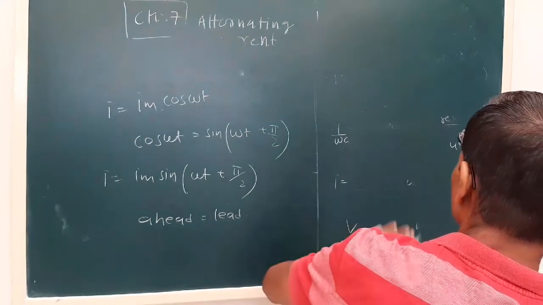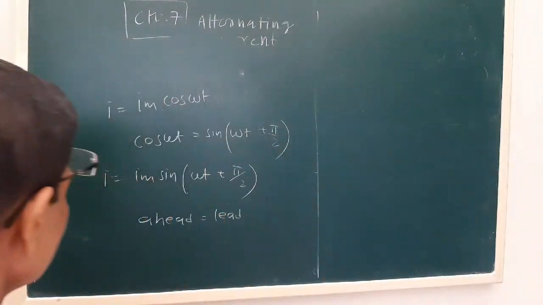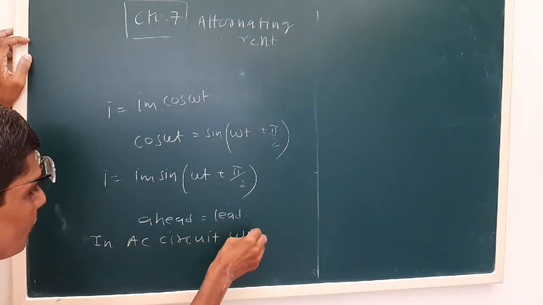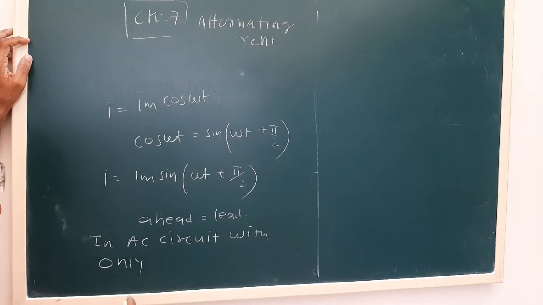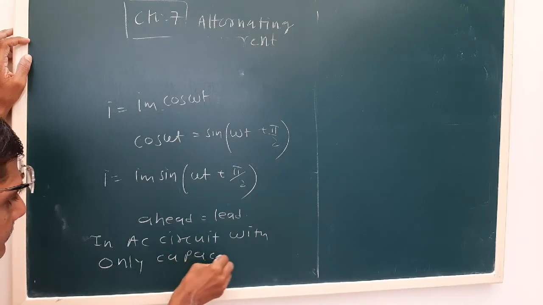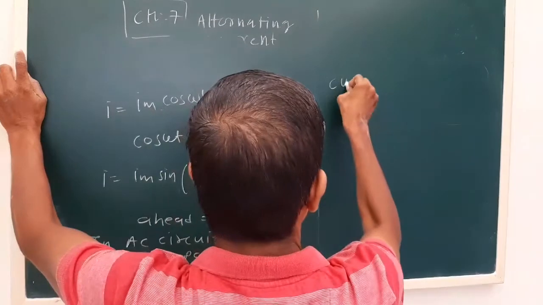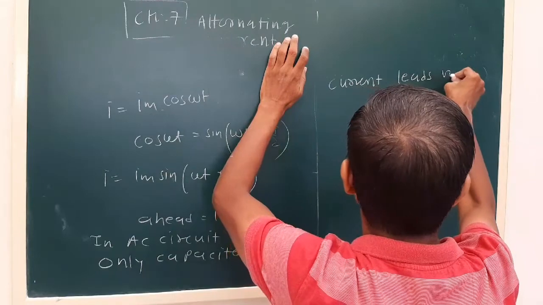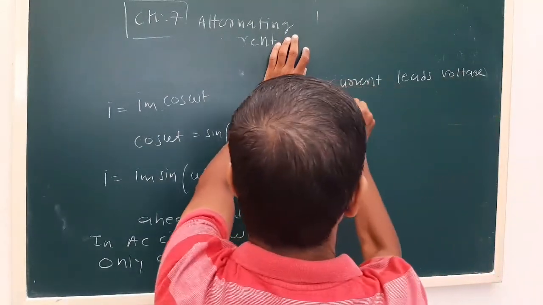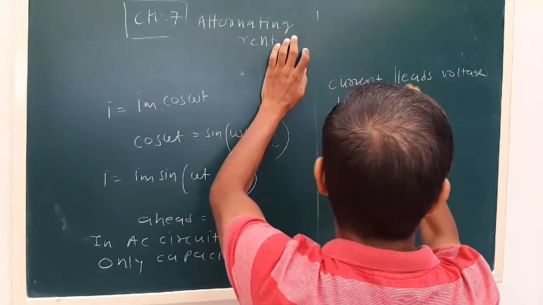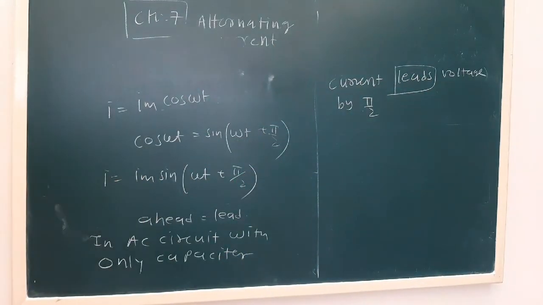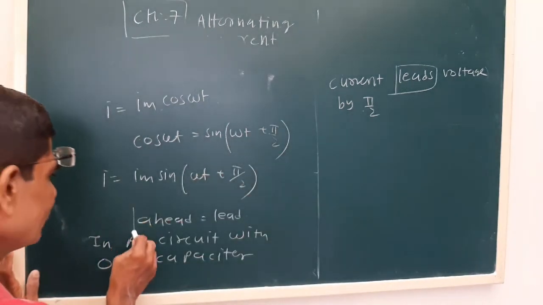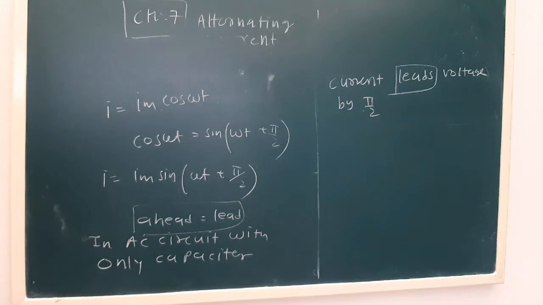So we can write that in an AC circuit with only a capacitor, current leads voltage by pi by 2, that is, current is ahead of the voltage by pi by 2. Now this is the equation of the current we have derived.